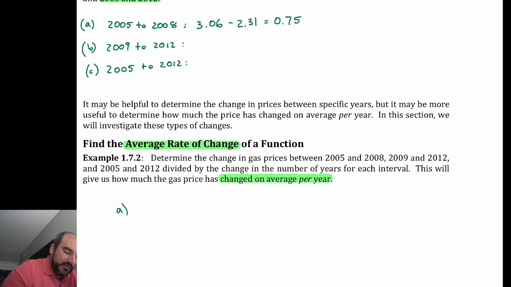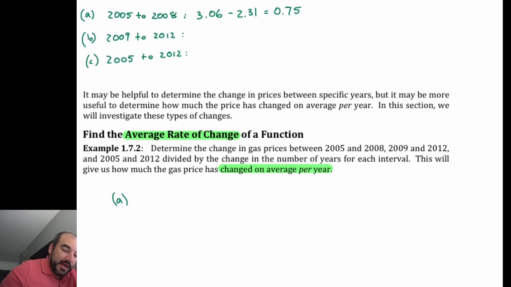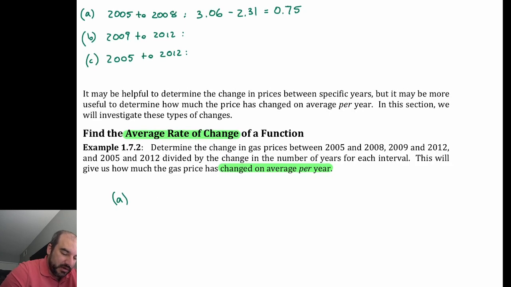So part A for this example down here, we'll use that answer from the first part, 0.75. And we'll divide that by how many years it's taken to get to that kind of increase. So in 2005 to 2008, the gas price increased by 75 cents. So we're going to find the difference between the years in the denominator, 2008 minus 2005.